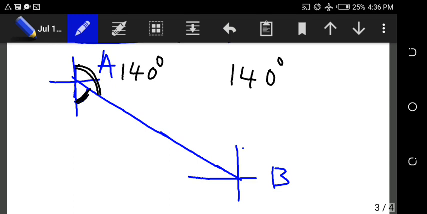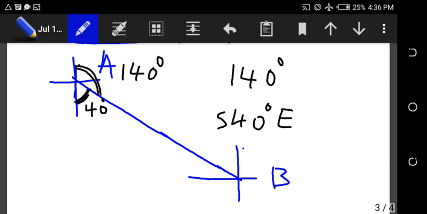So this angle here could be 40 degrees, and you would say that the bearing of B from A is south 40 degrees east, because you start moving away from the south 40 degrees towards the east direction.